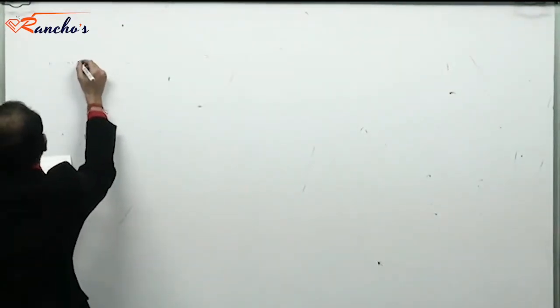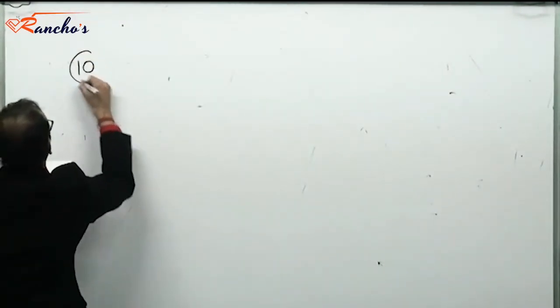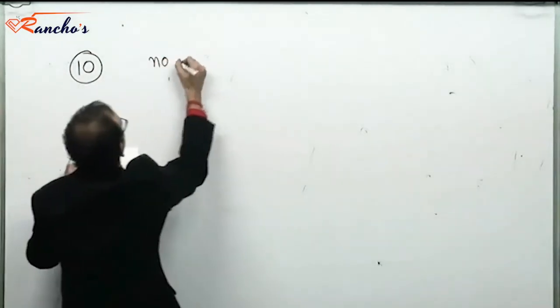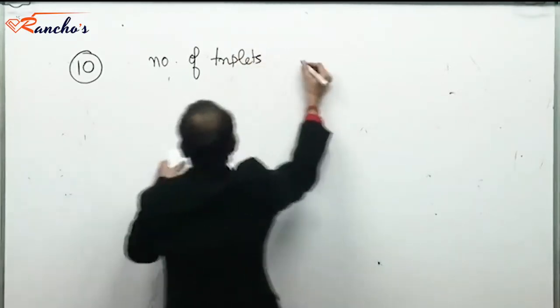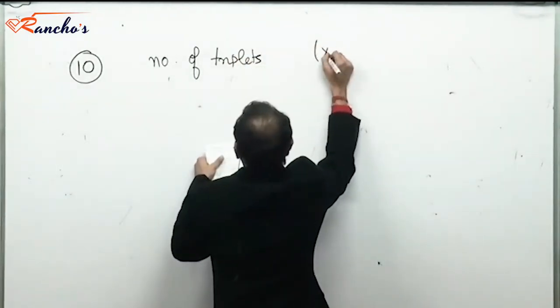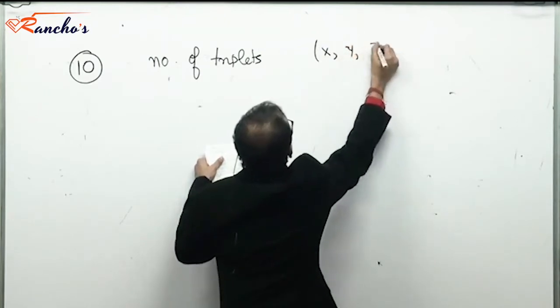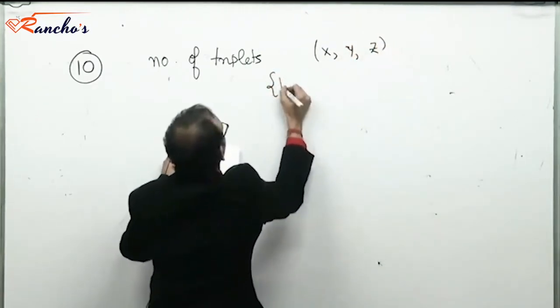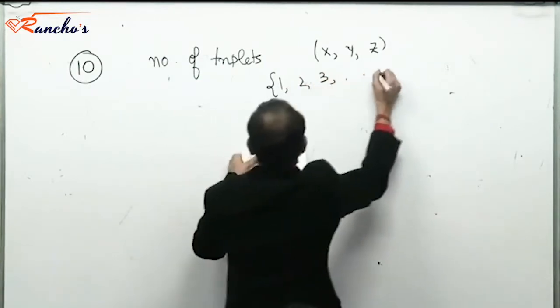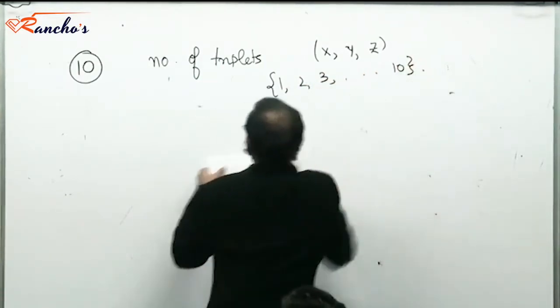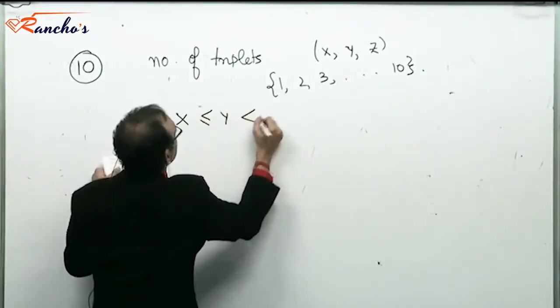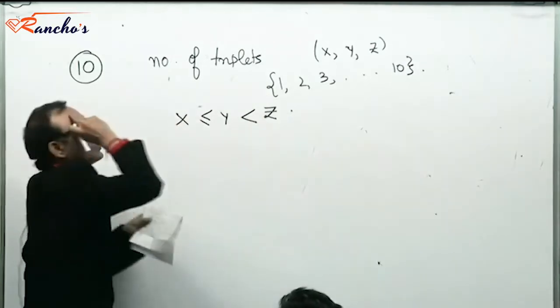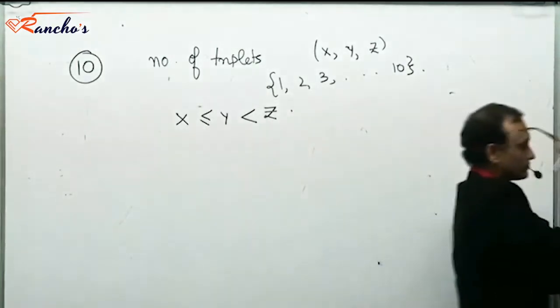Okay. Number 10. Number of triplets. We want to select the number of triplets x, y, z from the set 1, 2, 3, up to 10, such that x is less than or equal to y, less than z.